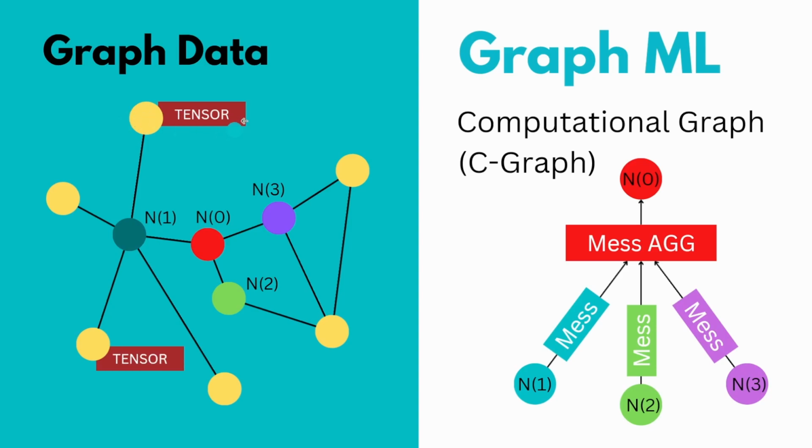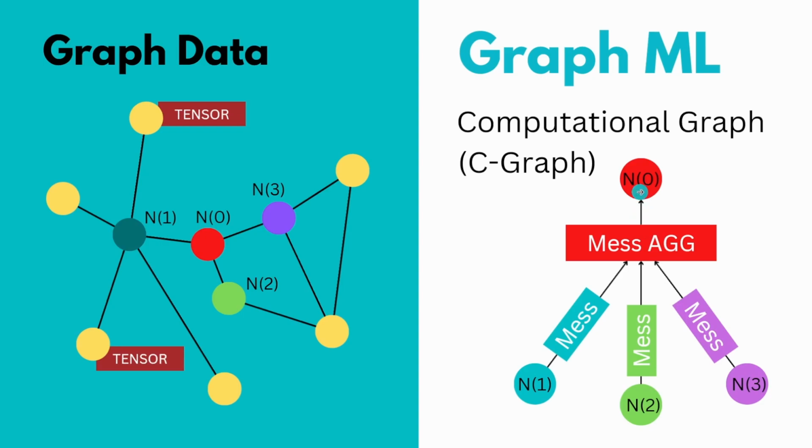Again, we have the node and the node feature tensor, we have an edge and an edge feature tensor, and all this has structural information we have in our adjacency matrix of the graph. But now if you want to apply the message passing formalism for a better node embedding, for the next-level node embedding of our node N0, our red node, we see how many nodes we can get if we just have a one-hop neighborhood jump.